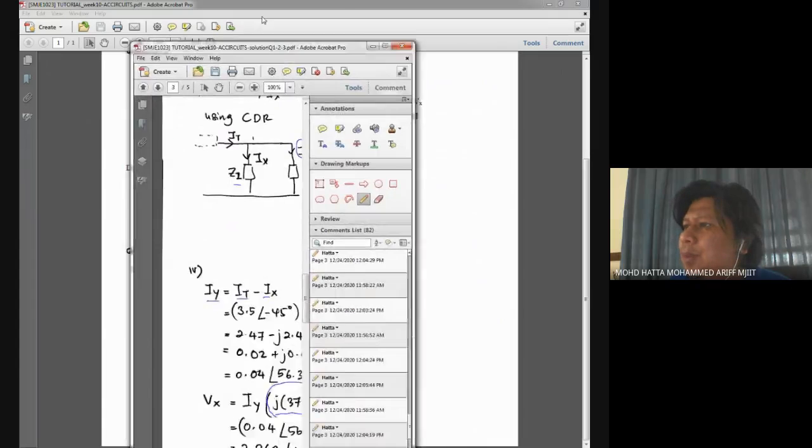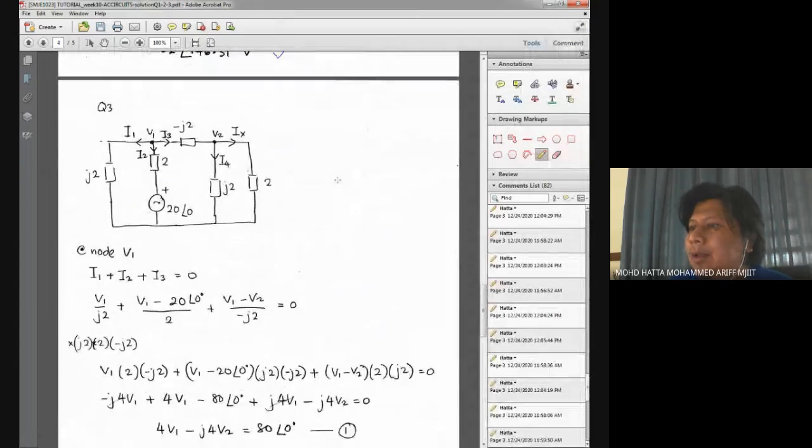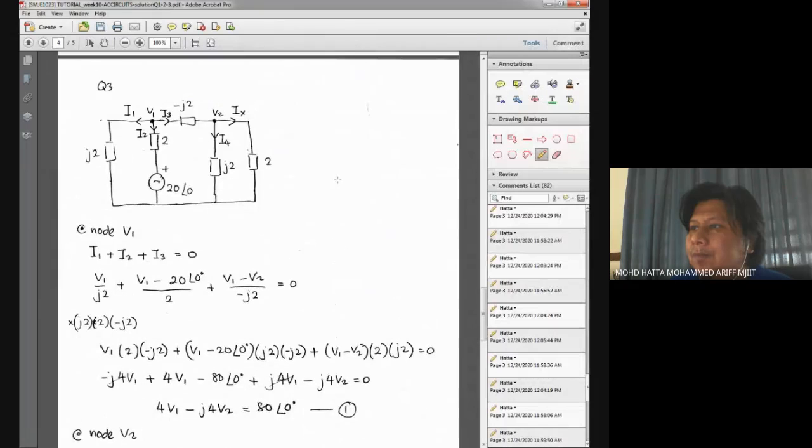You can just proceed with your node analysis, where here is the solution.